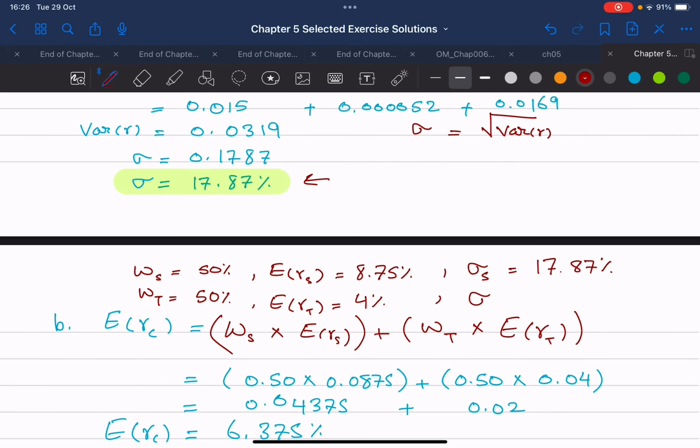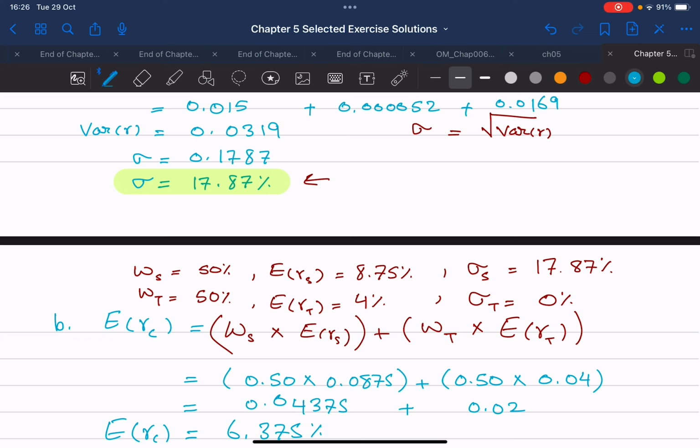However, the standard deviation of the treasury bill is not given to us, but the book assumes that you should already know that the treasury bill component is considered a risk-free investment. And because it's a risk-free investment, there's no variance in the expected return, right? And based on that, we assume that the treasury bill has a standard deviation of 0%.